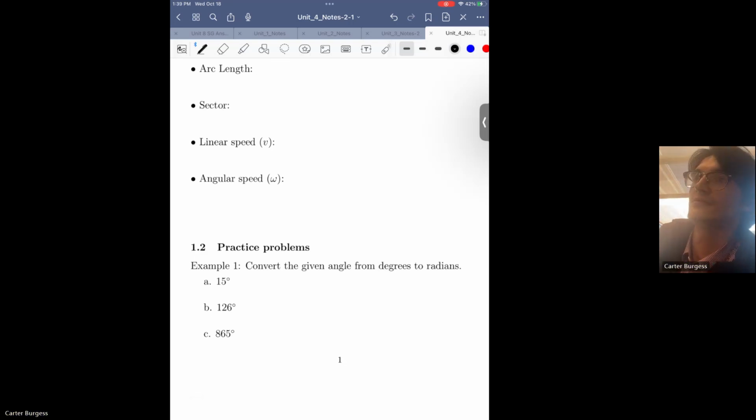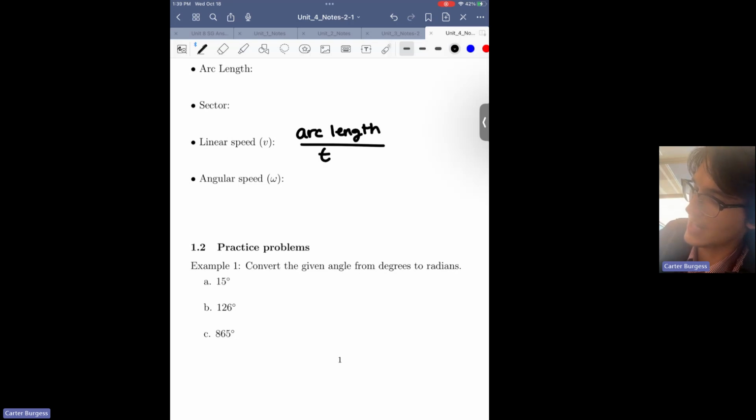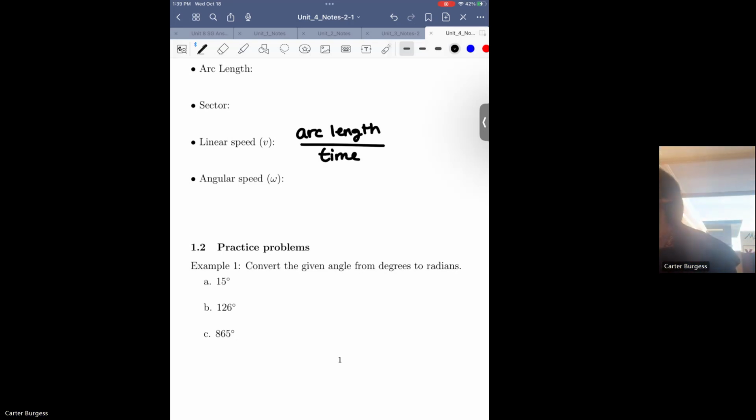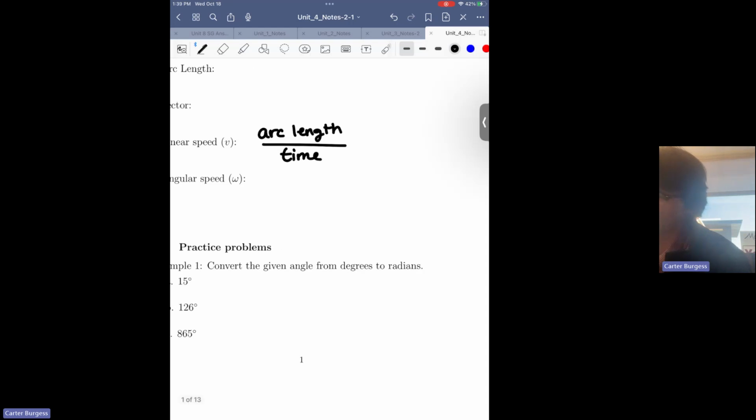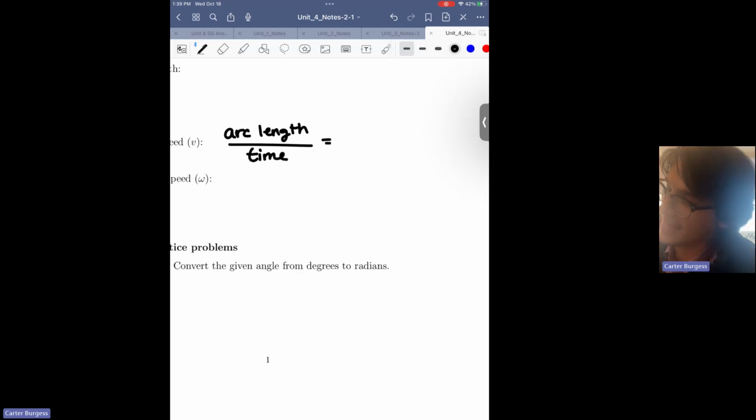Yeah, so this is like arc length over some amount of time. Which, just to remind ourselves, is that fraction times 2 pi r over some amount of time.